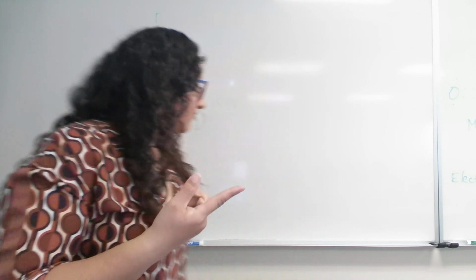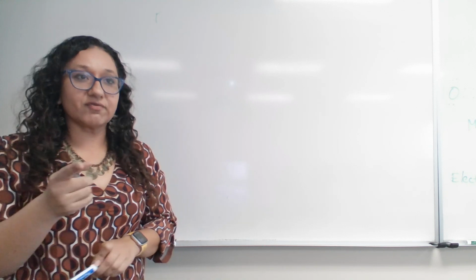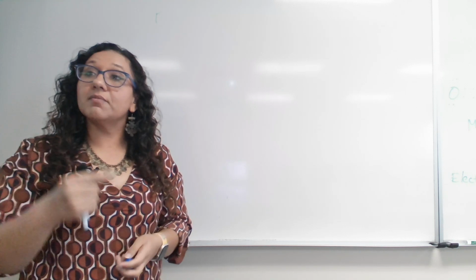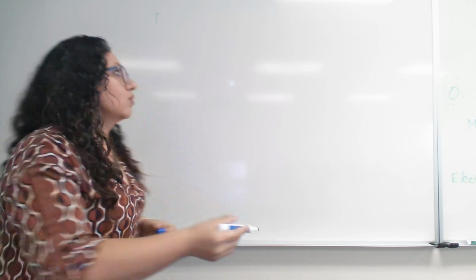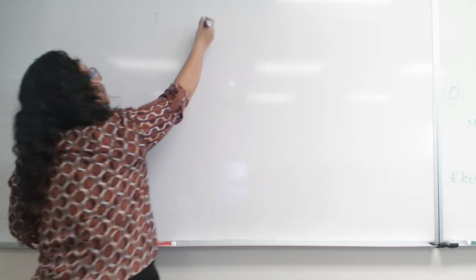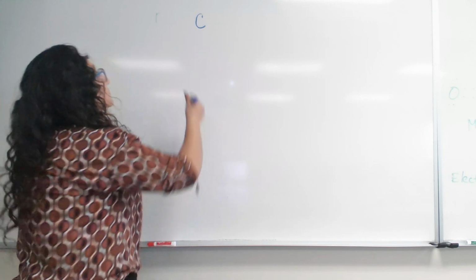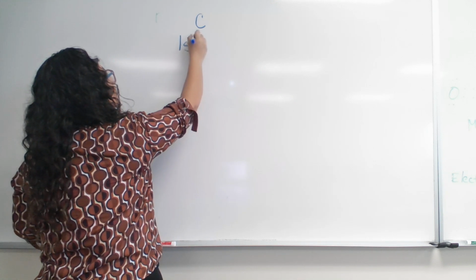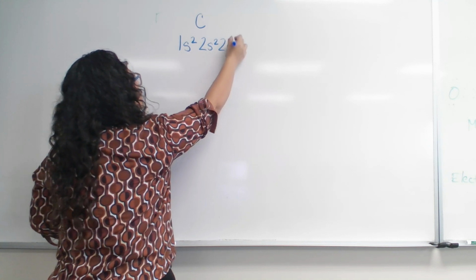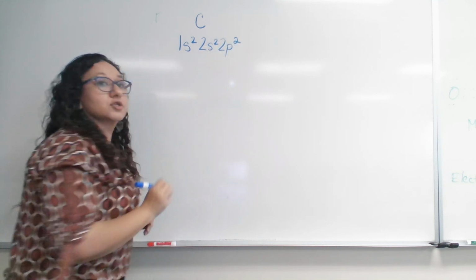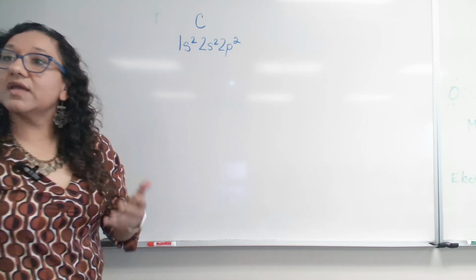Now, to understand valence bond theory, you need to understand that there is a difference in atomic orbitals and molecular orbitals. So what is the electron configuration for carbon? We had 1s2, 2s2, 2p2. And what this translates to is energy levels.